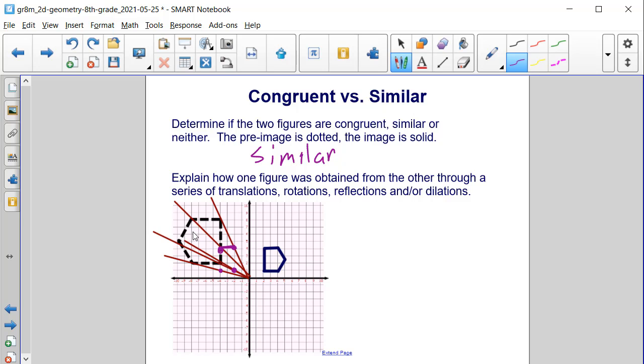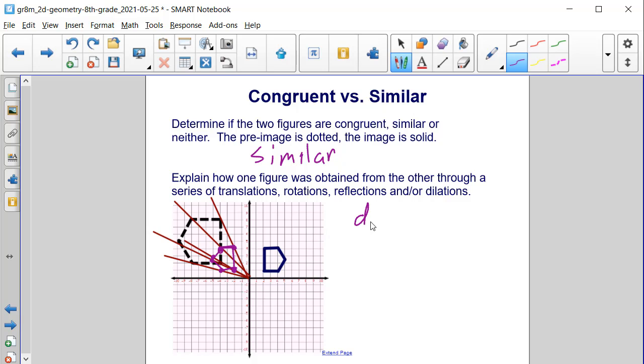And then this is down 3, to the left 2. So instead of down 3, we're going to go down 1.5 and over 1. So this is going to be where our middle figure, or the dilation figure, is.